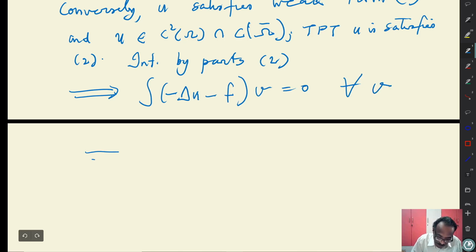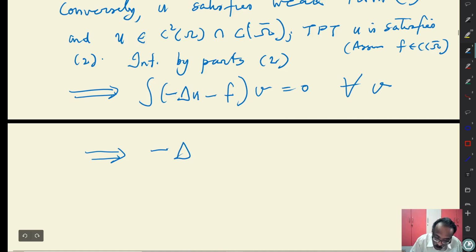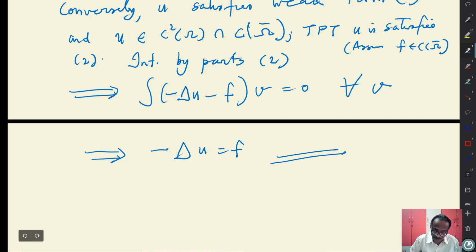That will imply, by continuity of u and other things, and of course you assume f is in C of omega bar, that minus Laplacian of u equals f. This is true for all v. And that's it, that is what you wanted to prove. And of course u equals 0 on the boundary because u is a solution.